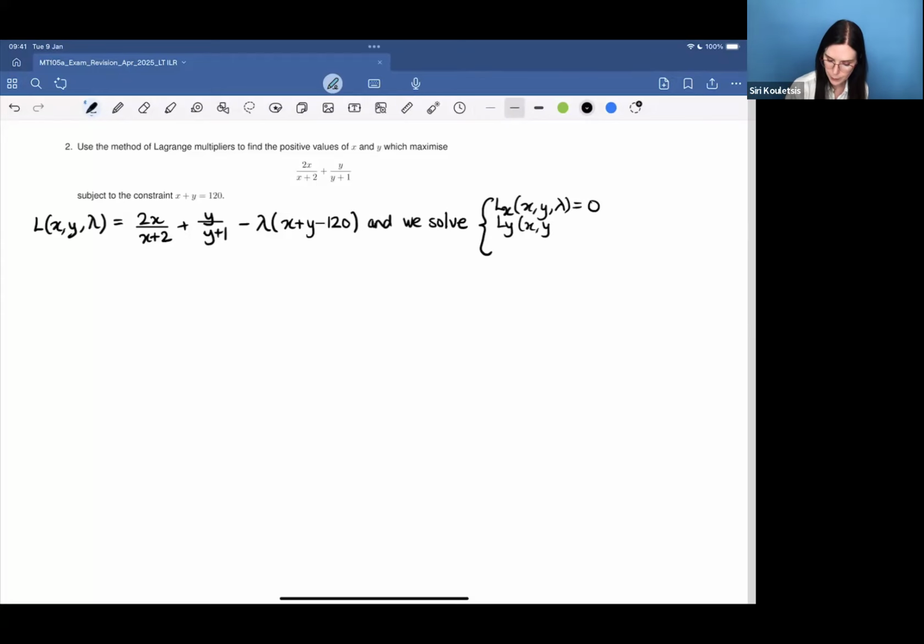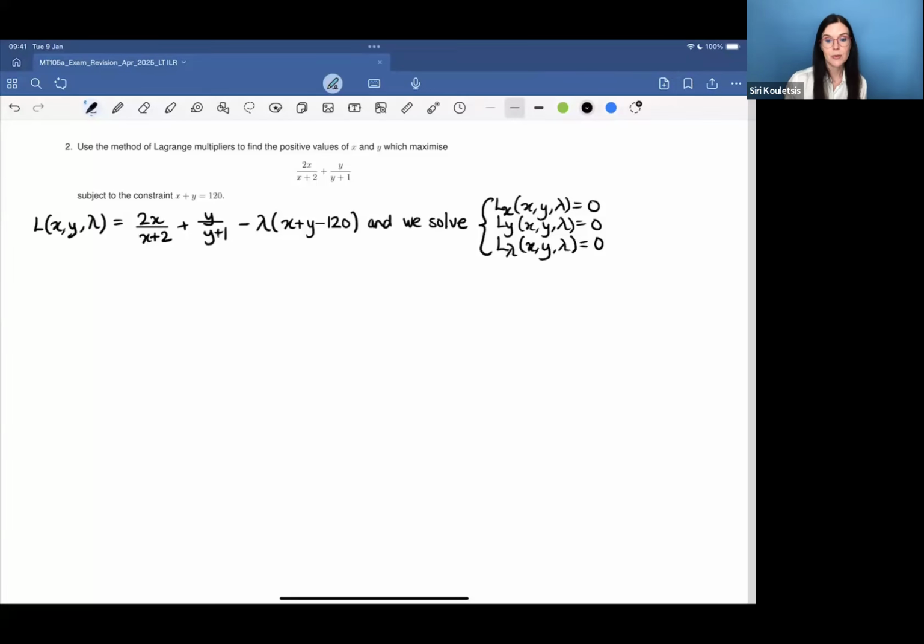So I like to use this compact notation here where I just use x, y, and lambda as subscripts indicating the partial derivative of the Lagrangian with respect to each of these variables. And of course, in general, these partial derivatives are functions of x, y, and lambda.